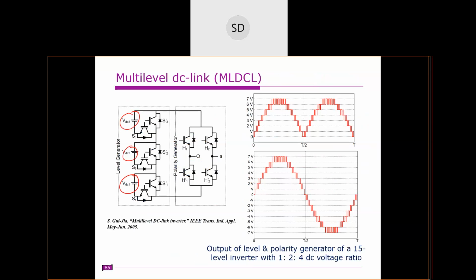Right. So we have another one, that is total standing voltage.